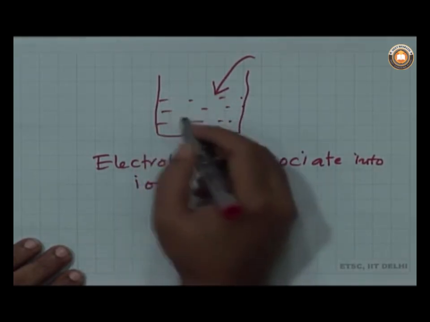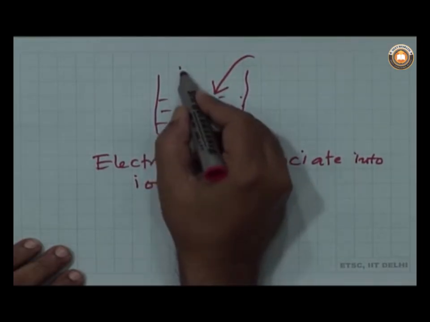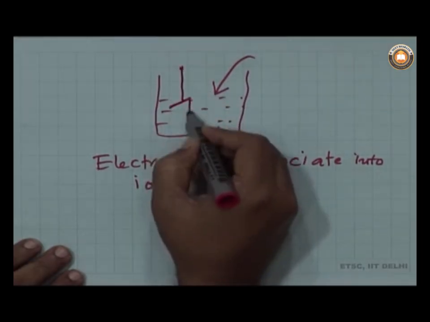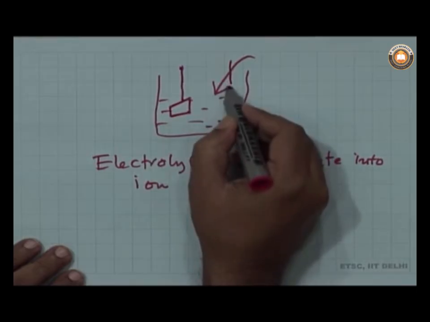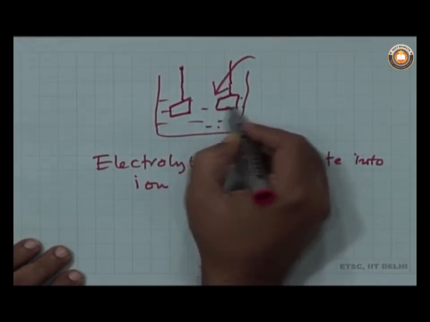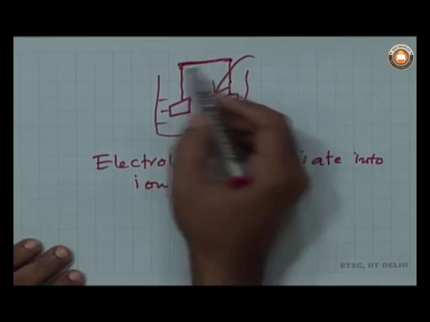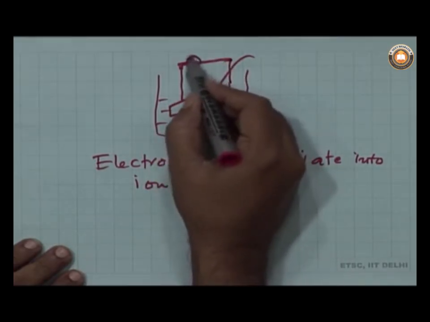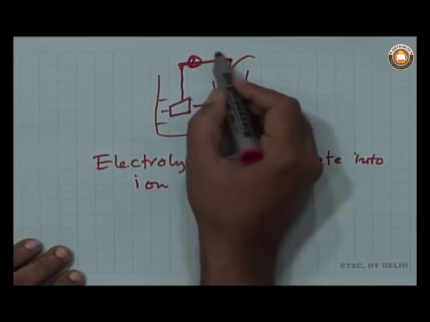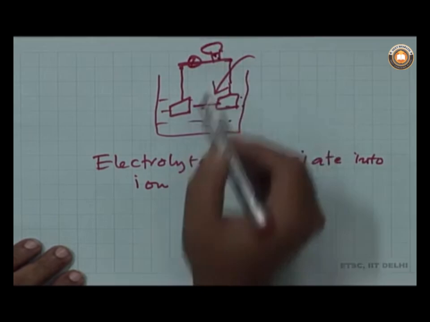And if we put in electrodes, a cathode and an anode, and then complete the circuit, then you have light.